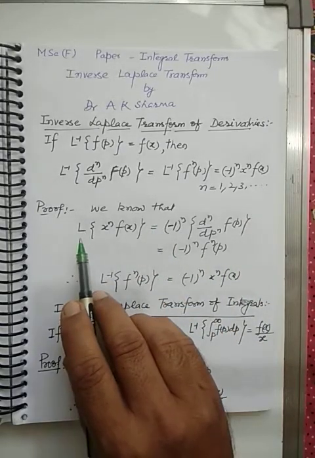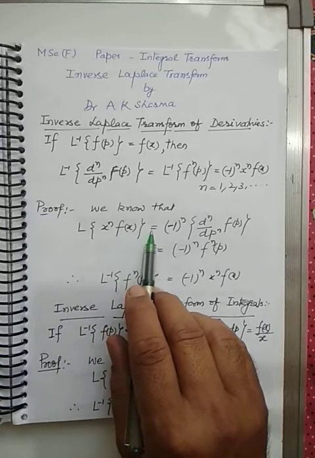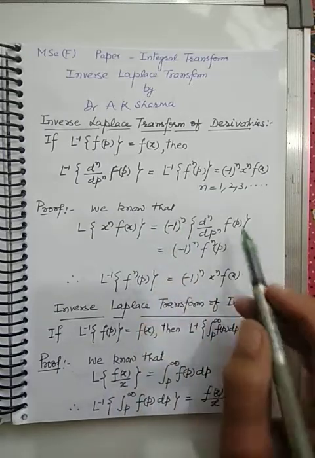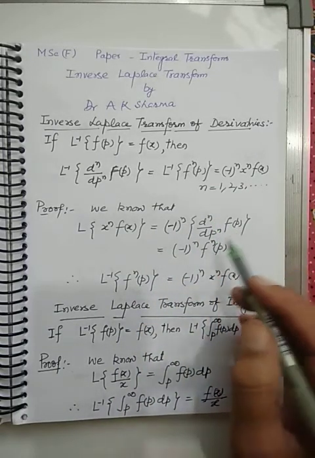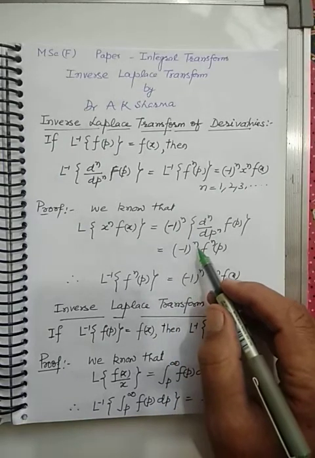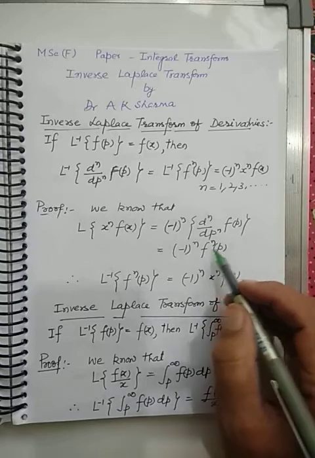We know that the Laplace transform of x^n f(x) is equal to (-1)^n d^n/dp^n F(p), or we can write it as (-1)^n F^(n)(p), the nth derivative of F(p).